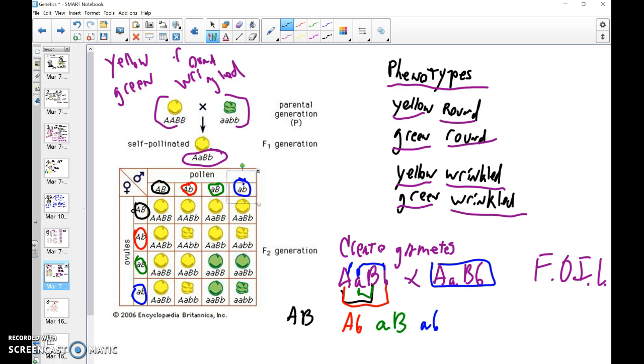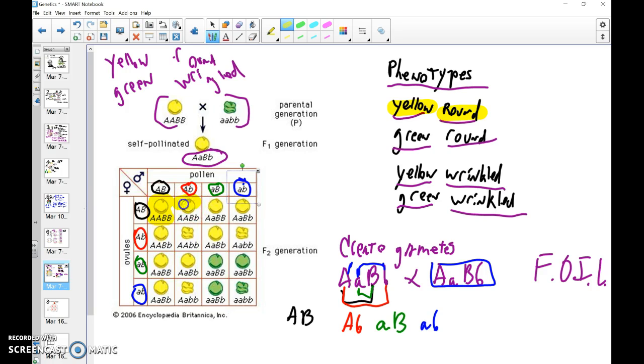Now, just like before, what we're doing is we are combining them to see what 2 A's we get and what 2 B's we get. So one of our first options is to see where we can find the yellow and the round together. So right here I have capital A and capital A, capital B, and capital B. That is the yellow phenotype and the round phenotype.